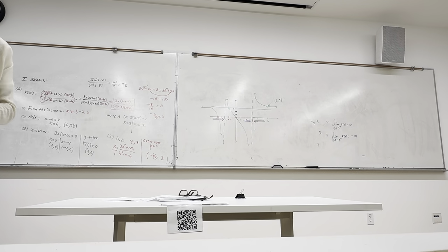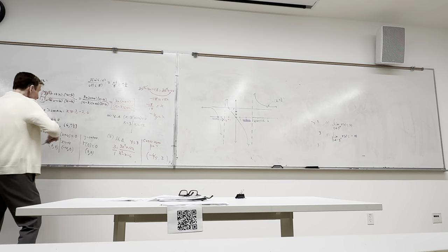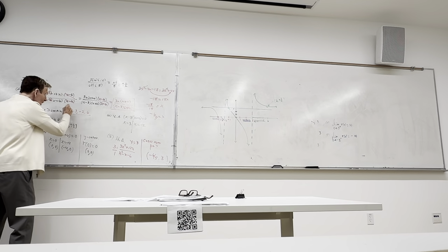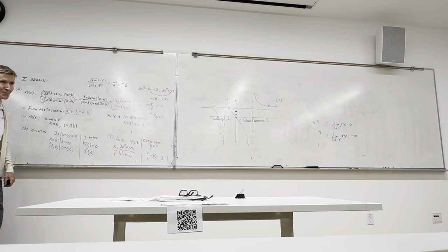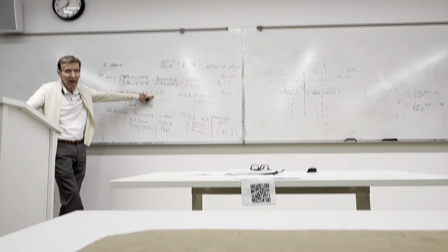Now, before I leave it, I'm glad you brought this up before I erase anything. Guys, was my domain, way back here, that? It says x cannot be 3. Can someone tell me, based on what you see up here, why am I saying don't let x be 3? Asymptote. There's a vertical asymptote located at 3. Don't let x be -2. Why is that undefined?